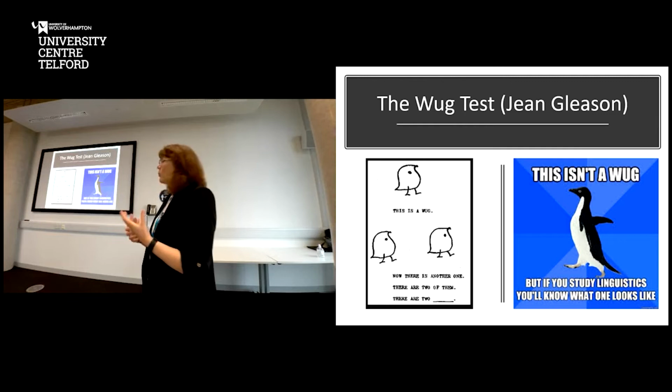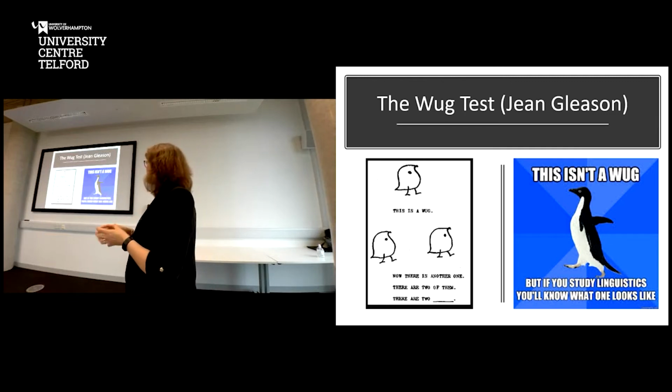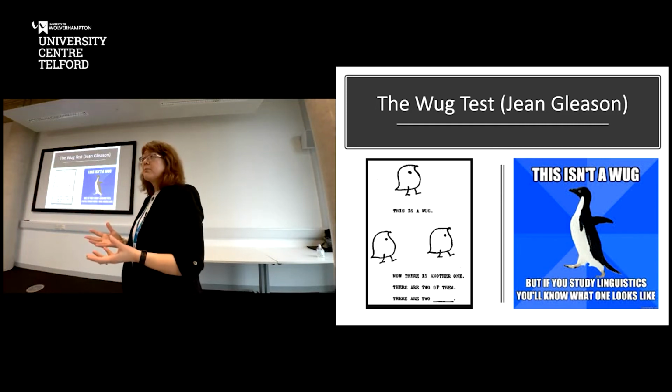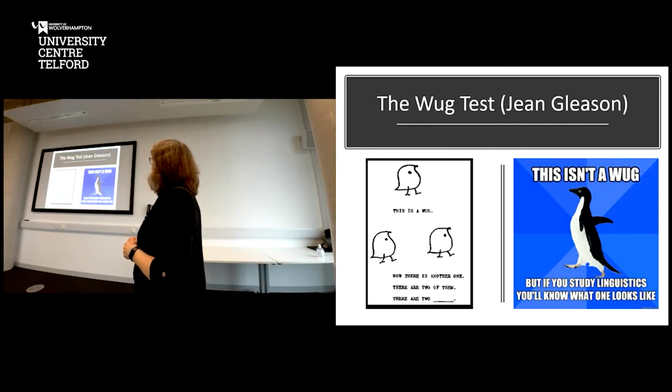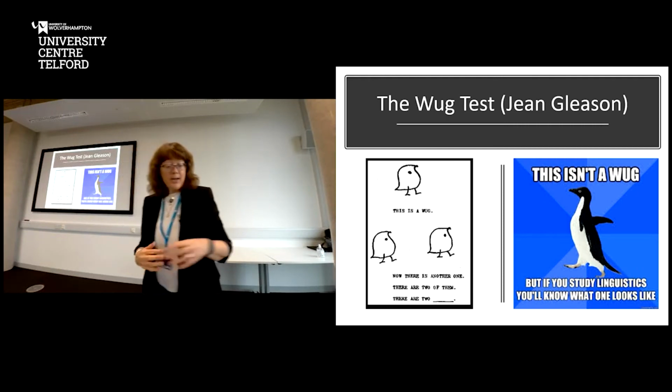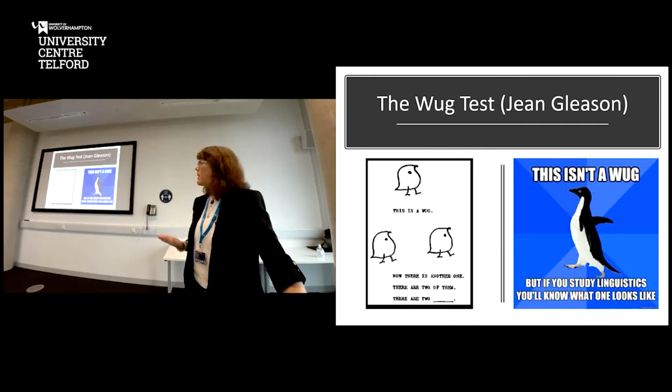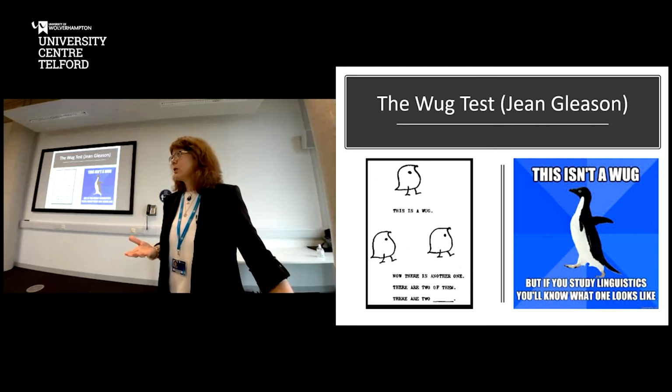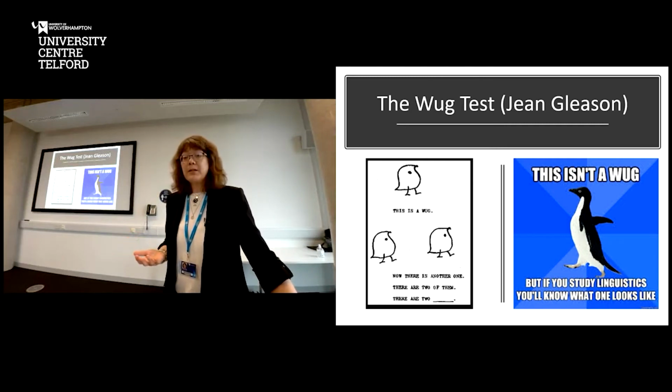She wanted to see whether children had this ability to work with words that they'd never seen before and apply the rules. And so she came up with this cute little character known as a WUG, and it has proven to be remarkably good and consistent at demonstrating that children do have this ability.